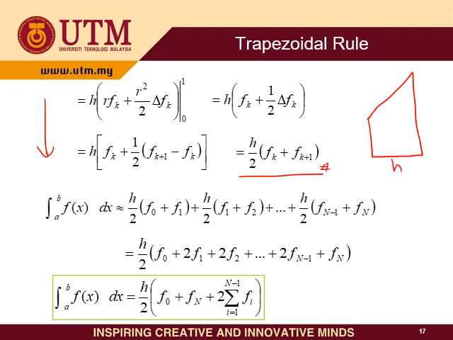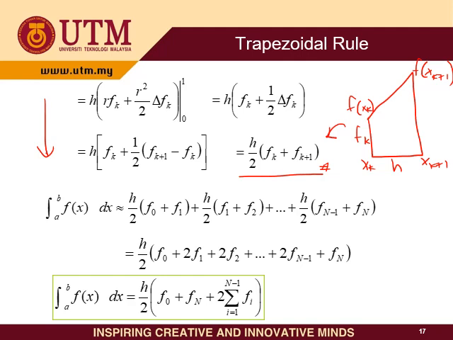I try to see the formula in terms of the illustration. This is your xk, this is your xk plus 1. The length here is f(xk), and this is your f(xk plus 1). Actually, this is a formula for trapezoid, hence the name trapezoidal rule.